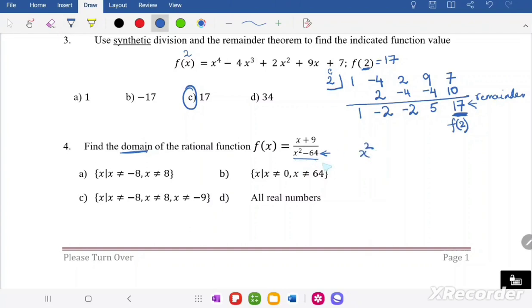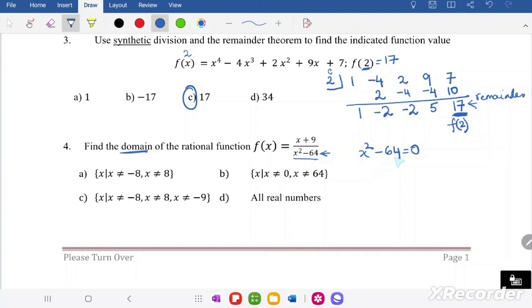In order to find what values of x will make x squared minus 64 equal to 0, I'm going to take x squared minus 64, make it equal to 0, and solve for x. Now I'm going to use the difference of squares to factor this first, and then I'll find the values of x. You can also use the square root method. Both should give you the same results for x, all right?